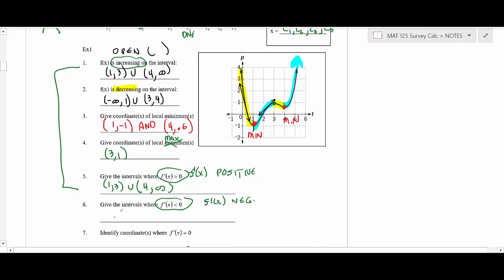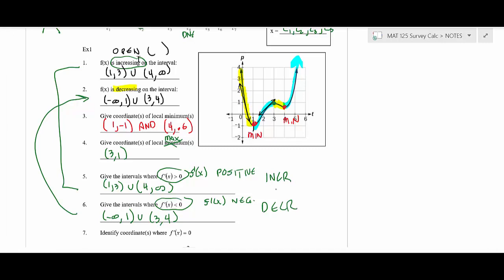So that would occur from negative infinity to 1 and also from 3 to 4. And that would be the same answer as number 2, because a function decreases where the derivative is negative. So increasing and decreasing, that's the connection I want you to make with the derivatives.